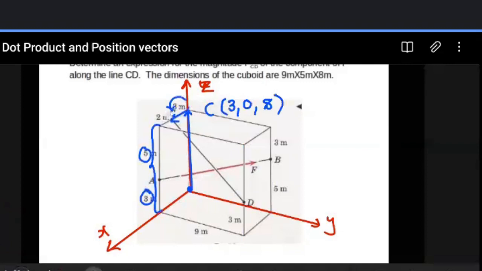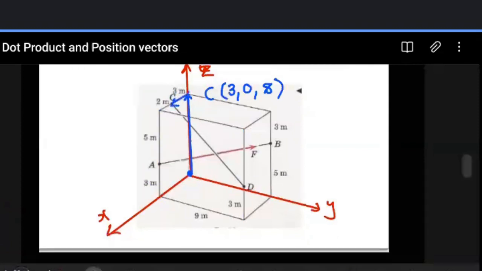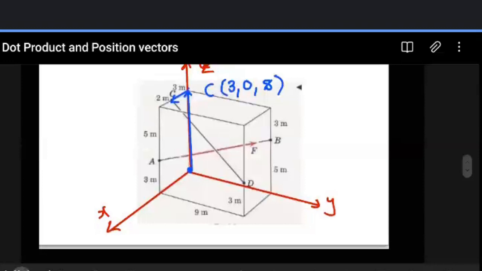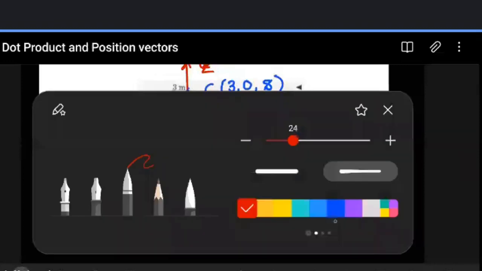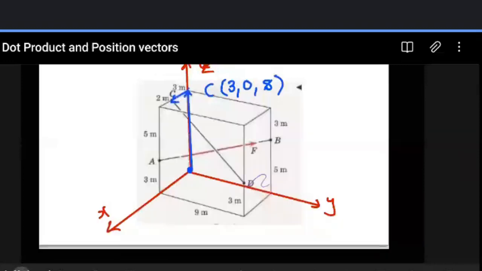How about the point D? How do we move to reach the point D? Well, the point D is right here. To reach it, let's say we're starting from the origin again. D is right along this plane.